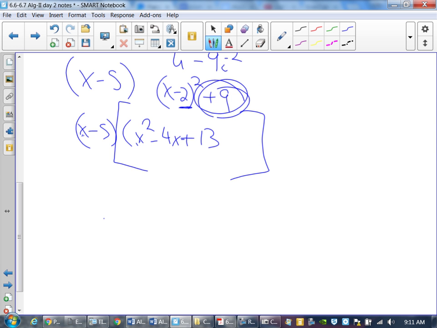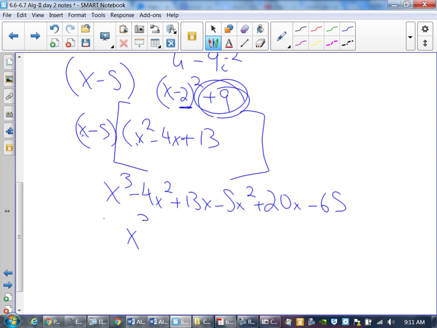Now when you FOIL it out, you get x cubed, and then it's what, 65? Yeah, now that makes sense because the tail has a 5 in it. You can factor out a 5. Duh. 9x squared, 33x, and a 65.